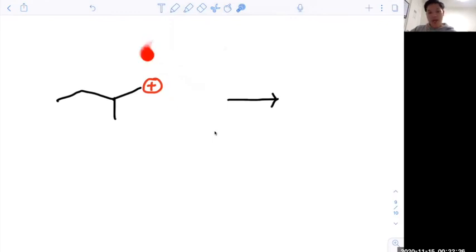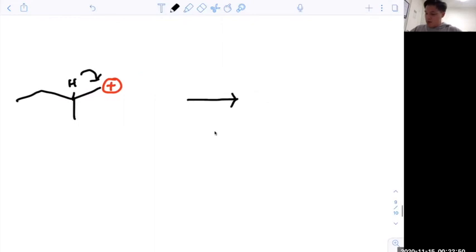There's nothing above it. There's nothing below it, but there is something beside it. And is this going to be a better place for the carbocation? It is, because this is a tertiary carbocation as opposed to a primary, which means it will be better at holding the positive charge. So there is going to be a shift here, right? That's a lot better than a primary carbocation, okay?